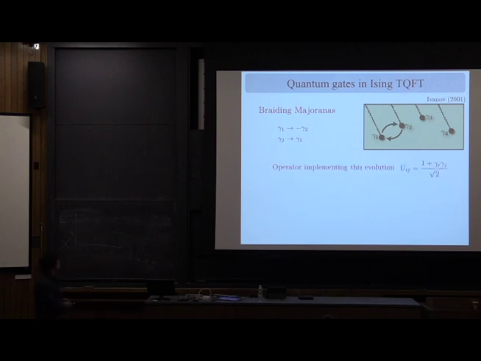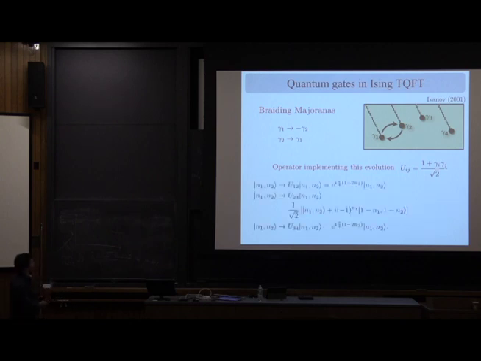So now the operator that implements this evolution is this operator, and one can see that we can do the following operations. If you start with the state n1 and n2, where n1 is a fermionic mode here, and n2 is a fermionic mode here, then we can have pi over 2 rotations.